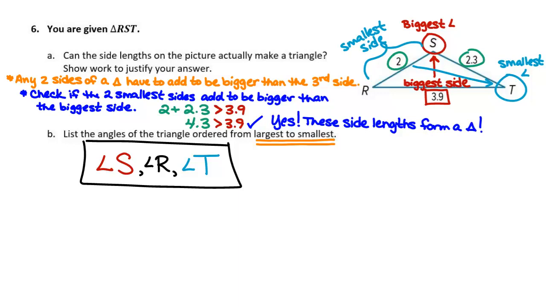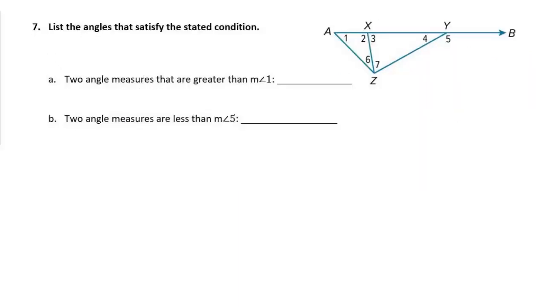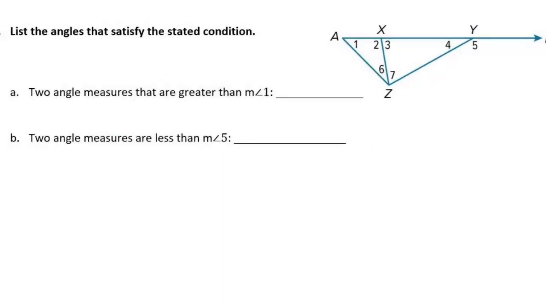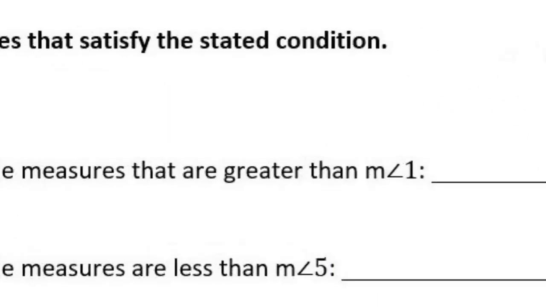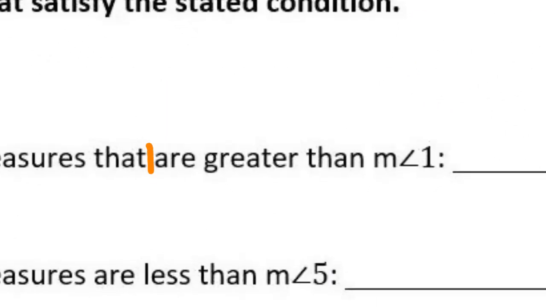Right, number 7 is the next one I was asked for. List the angles that satisfy the stated conditions. We want 2 angles that are greater than the measure of angle 1.